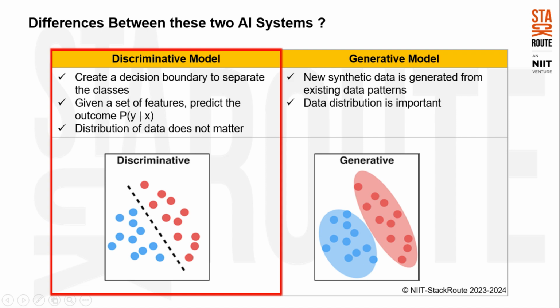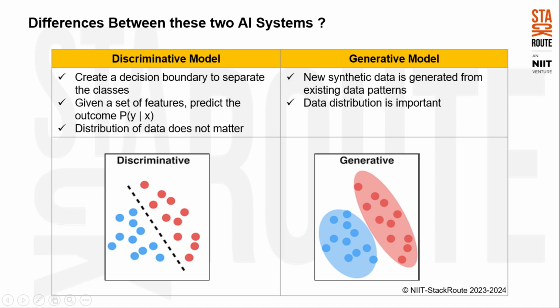So it takes data, it identifies the pattern, and then it is going to predict what is going to be the output. So if you look at this diagram, we see that on the left hand side there are blue dots, and on the right hand side there are red dots, and then there is a line of separation. So that means the two classes are separated. So you can see the distinct classes.